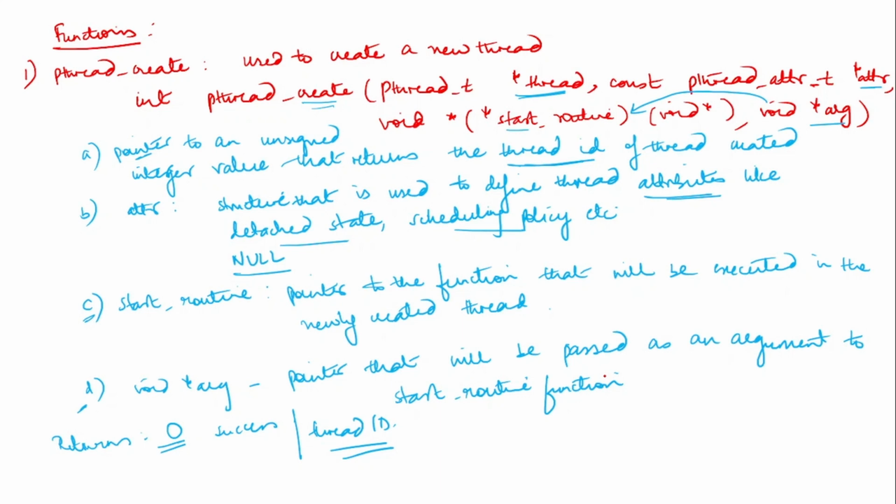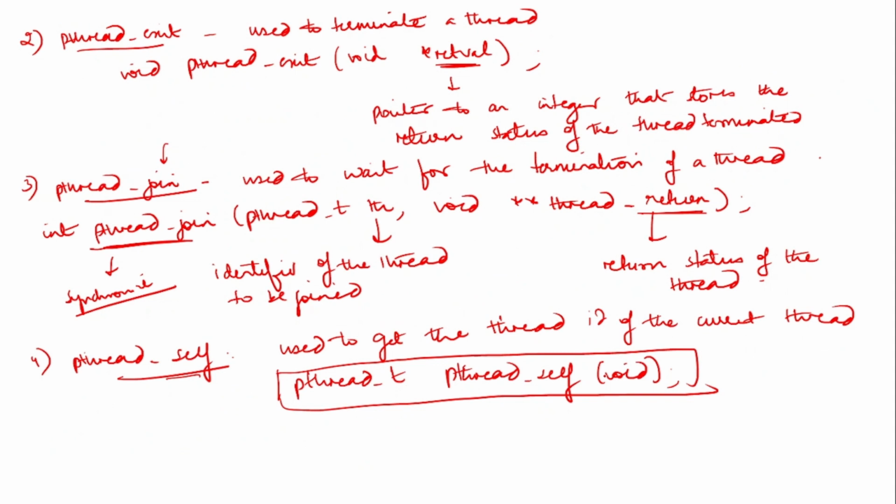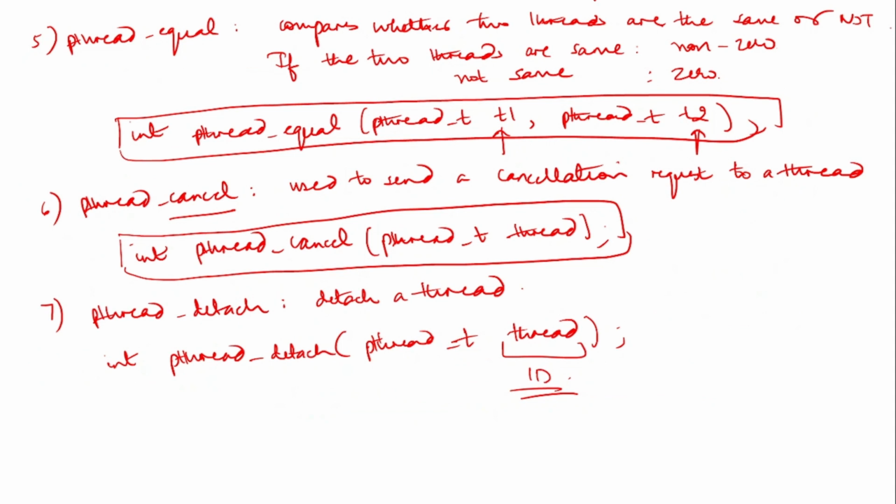First we looked at pthread_create, which is used to create a thread, then pthread_exit, which is used to terminate a thread, then we saw pthread_join, which is used to join different threads which are running so that they are synchronized properly and run properly. Then we have pthread_self, with the help of which you can get the thread ID of the current thread.